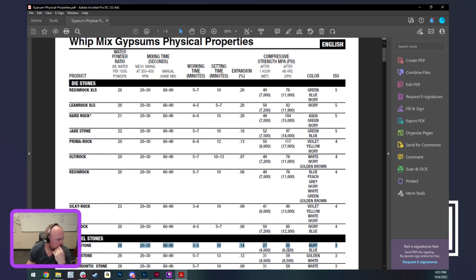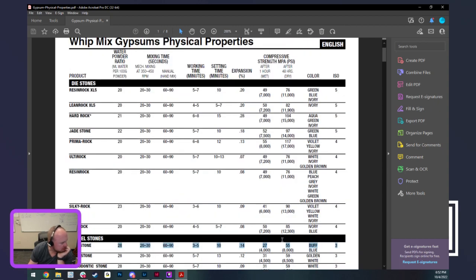So here's your compressive strength after 1 hour and then after 48 hours dried. We accelerate this process by using the hot water bath on our models, and this helps get our hardness up faster because they get hot enough that they're evaporating off the water that's inside the system, inside the model.